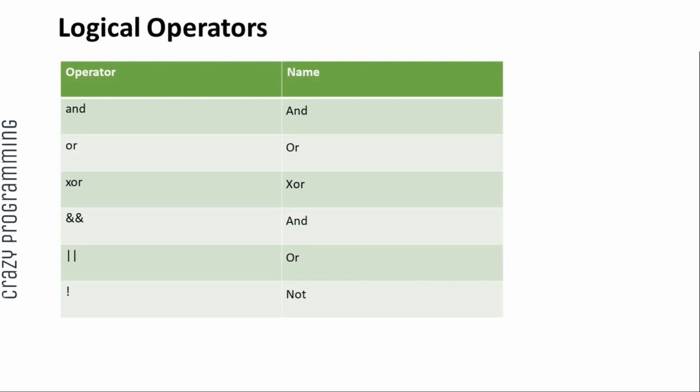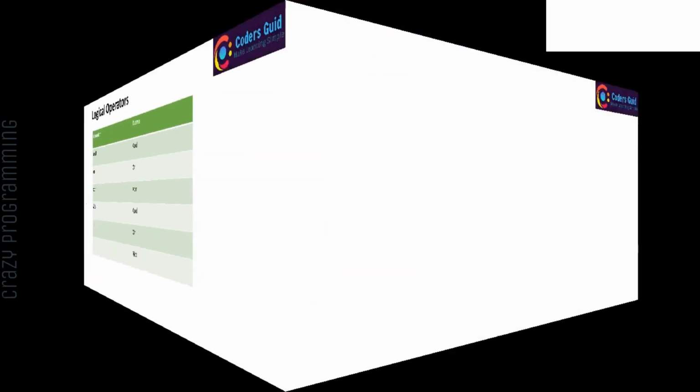And the third one is XOR, that is the XOR operator, and the fourth one is the and operator, and then another one is the OR operator. We can also use OR in this format and not in the last format.